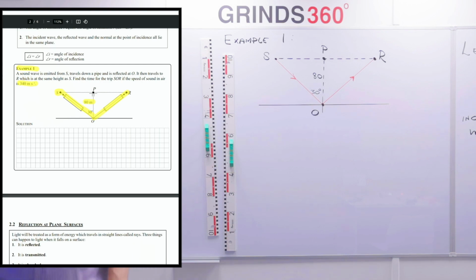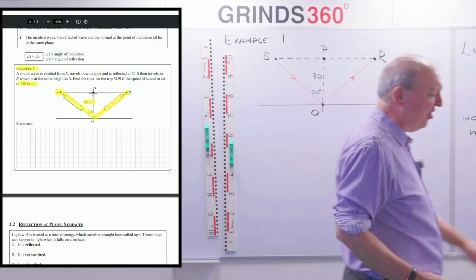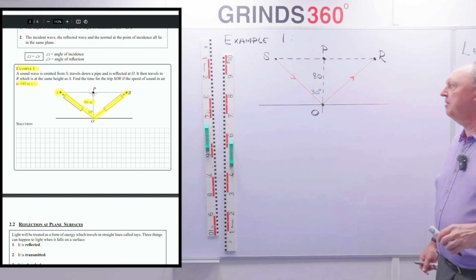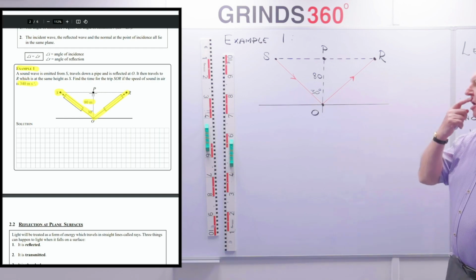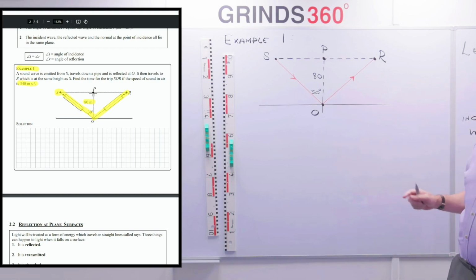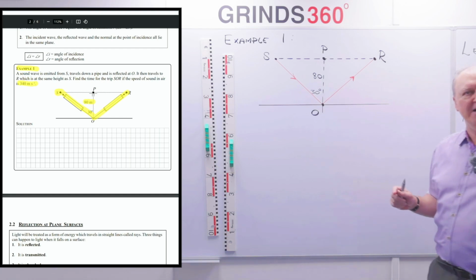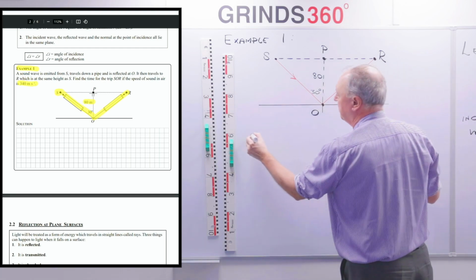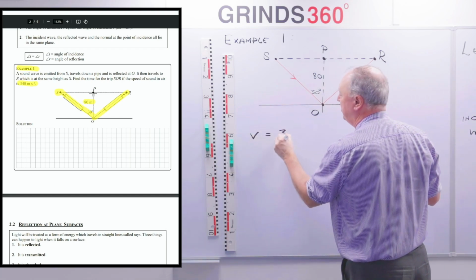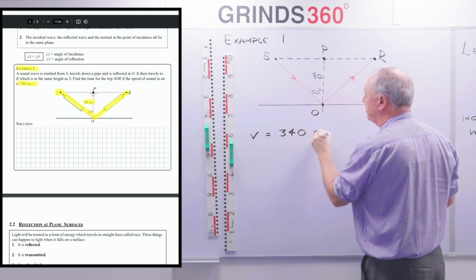Okay, so let me do that question. I've redrawn the diagram here. Let me write down the constant first of all. They're telling me that the speed of sound, which I call V, is equal to 340 meters per second.